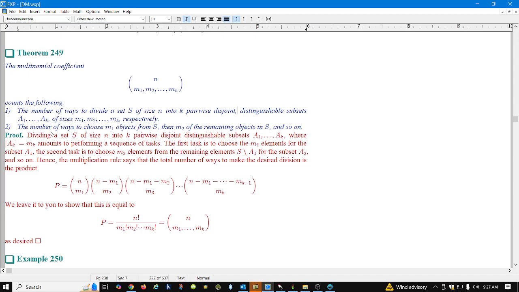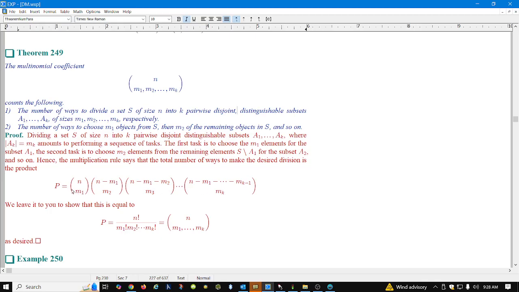It also counts the number of ways to choose m1 objects from S, then choose m2 of the remaining objects from S, and so on, until you've made the k choices. So these two are really saying the same thing in a different way. And the proof here is essentially the direct generalization of the proof in the example. So I'll let you read this for yourself.